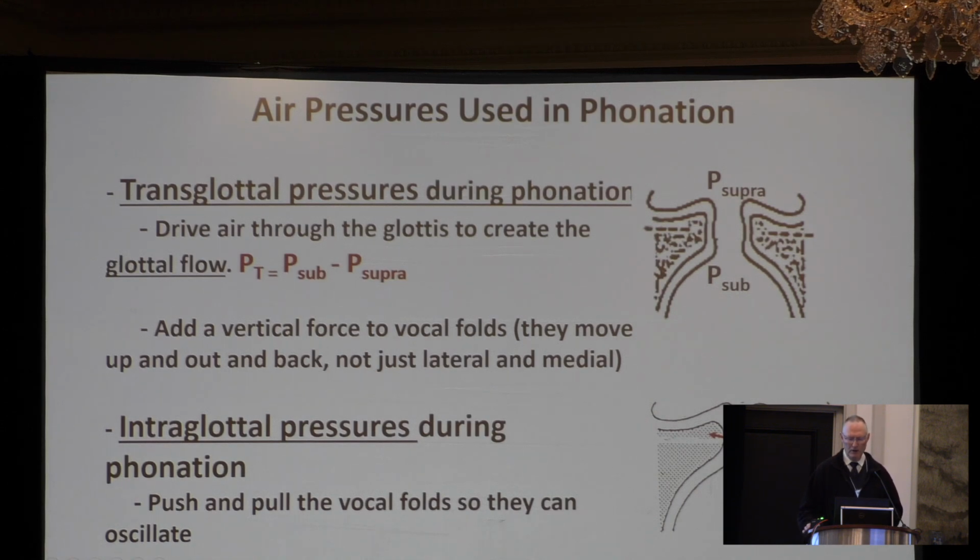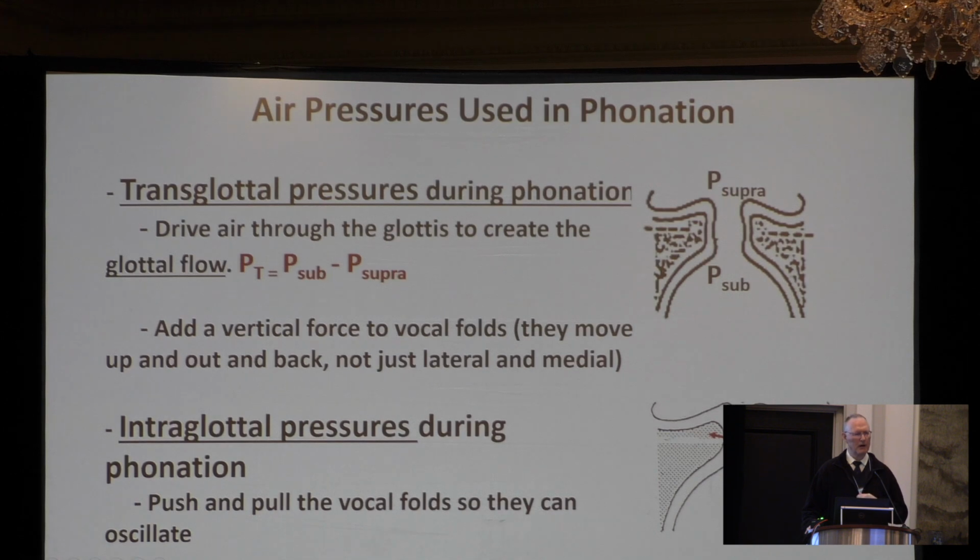This is part of the reason why the vocal folds will rise and then fall, rise and fall. They don't just go back and forth. You have to have a vertical push, and that has a lot to do with this transglottal pressure.